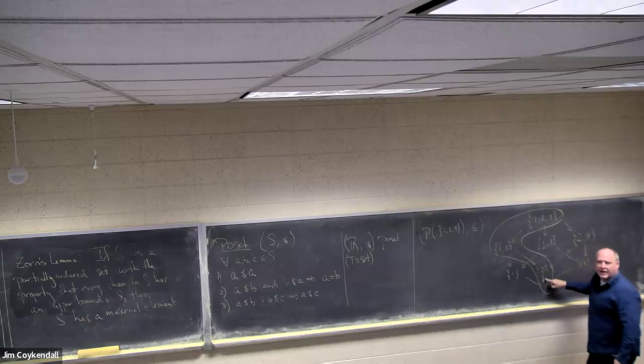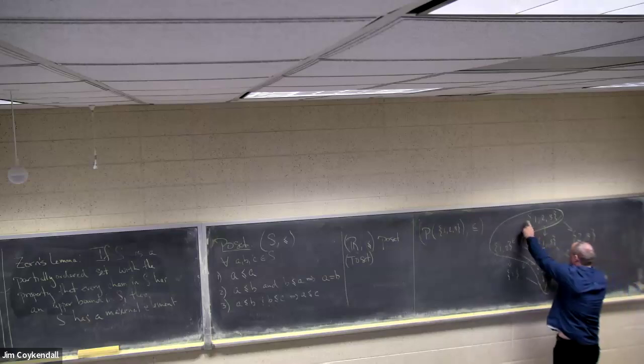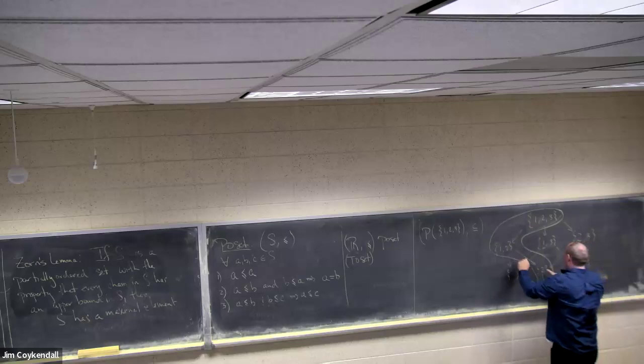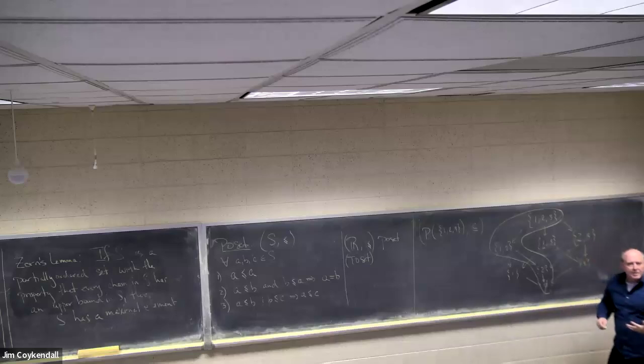This right here is a chain inside this partially ordered set, because all of these elements in the chain are comparable. If I take two elements of this chain, this one contains this one contains this one, and so forth. Any two can be compared. Everybody okay?